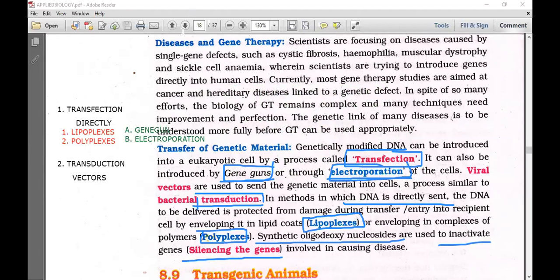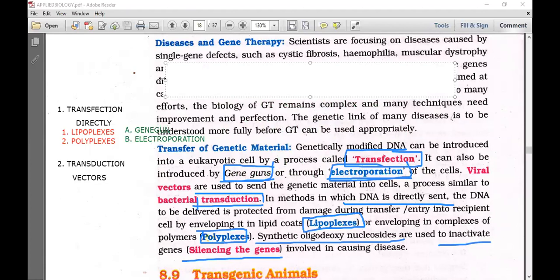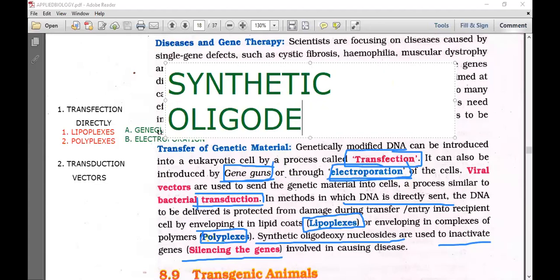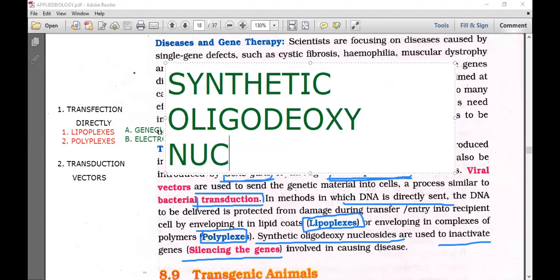Let me write it once again to print it in our brain. Synthetic oligodeoxynucleosides are used to inactivate or silence the genes involved in causing diseases.